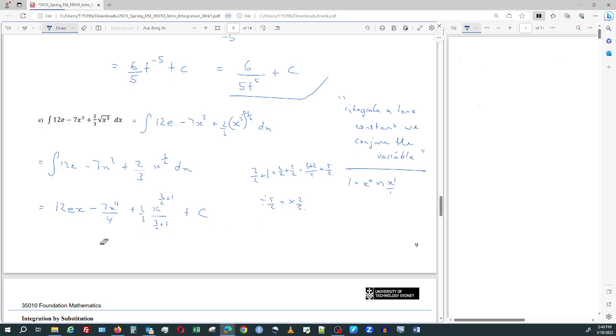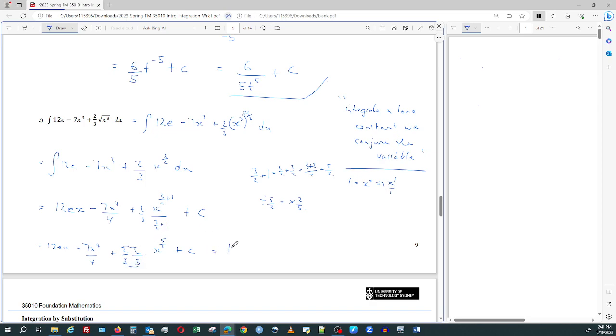So we're going to get 12e to the x minus 7x4 over 4 plus 2 on 3, 2 on 5 x to the 5 on 2 plus c. So that's going to be 4 and that's going to be 15.